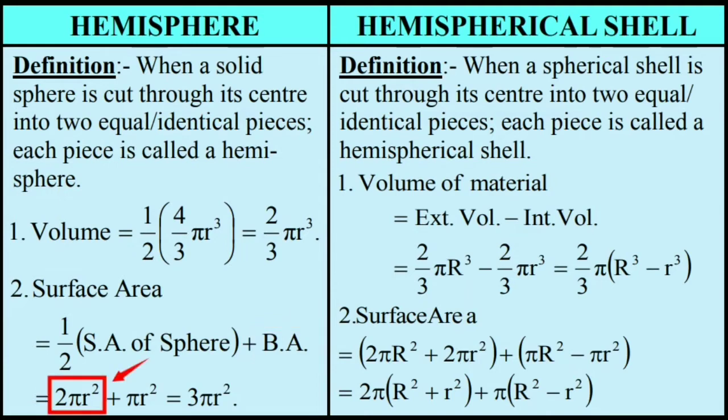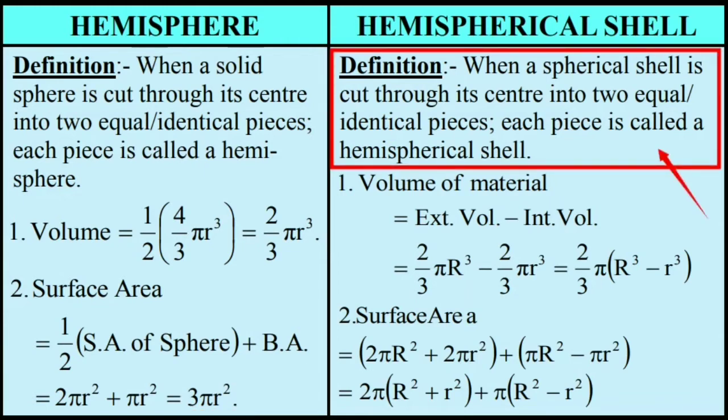Here 2 pi r square is the curved surface area of the hemisphere and pi r square is the area of the newly created plane circle. Altogether, total surface area of hemisphere is 3 pi r square. Here the radius of the curved surface and the radius of the plane circular base created are the same or equal.